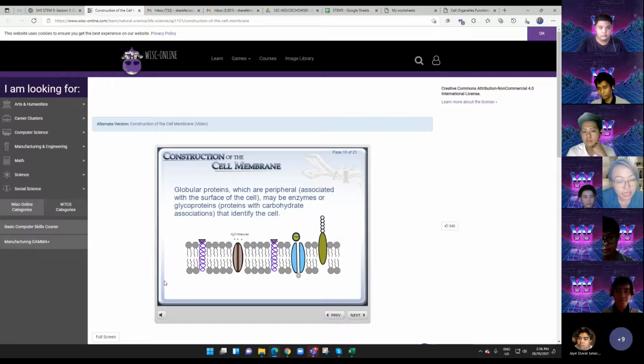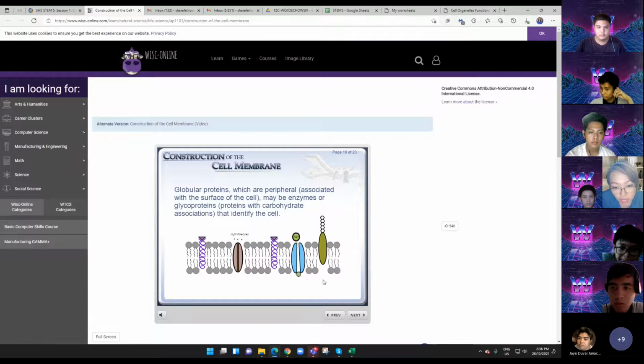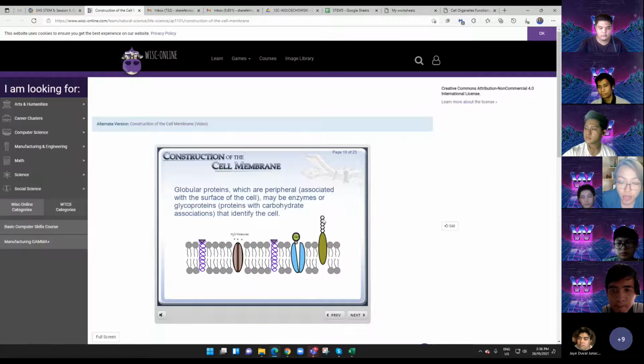Next, aside from that, there is also a globular protein. This is a kind of a peripheral. Kay wala siya nilabang din sa other side. So peripheral na siya, class. These are enzymes, no, that has a carbohydrate. Kani siya carbohydrate, kani mga piatos nga gi-stack together. They are carbohydrates nga chain, no? And this is for identifying the cell.